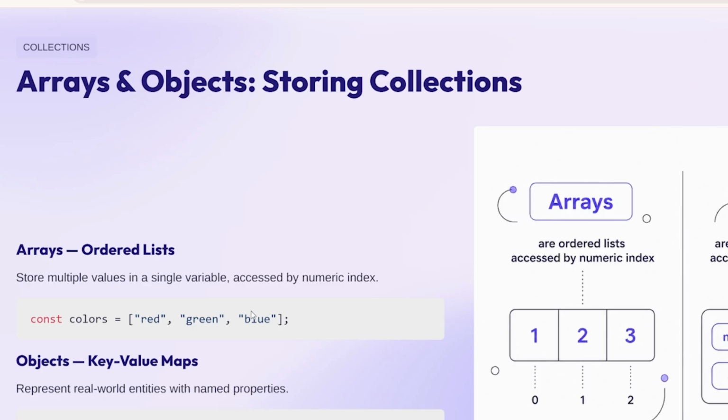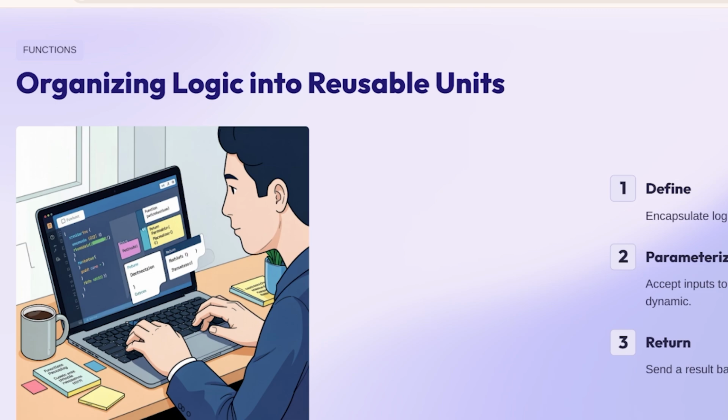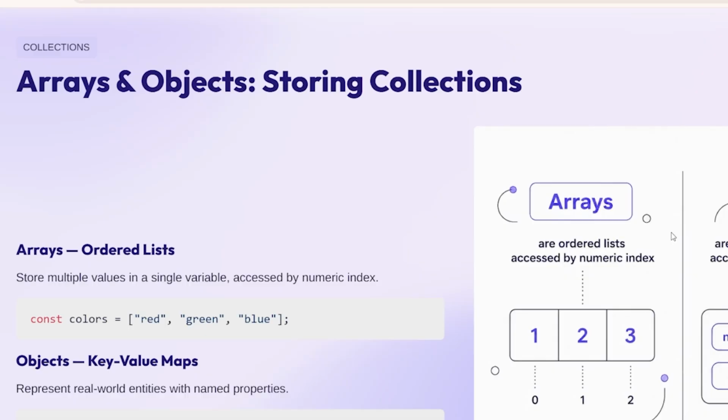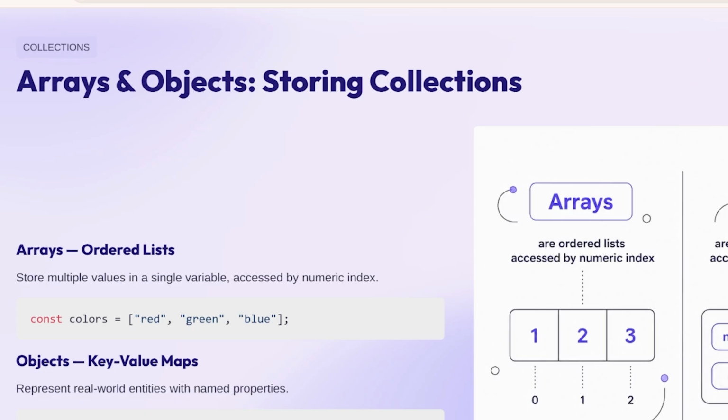See this example: const color, and inside of the array we can write red, green, blue. So multiple values in a single order. That is called an array.